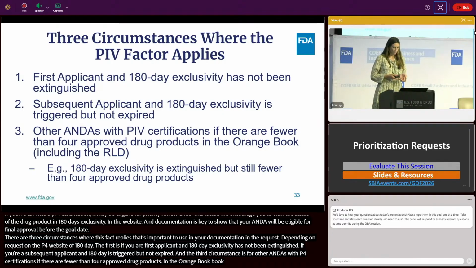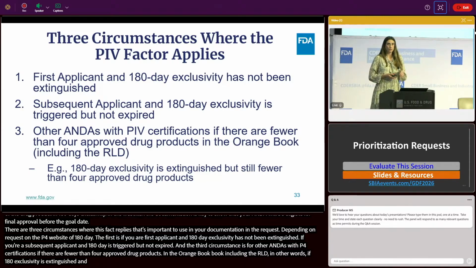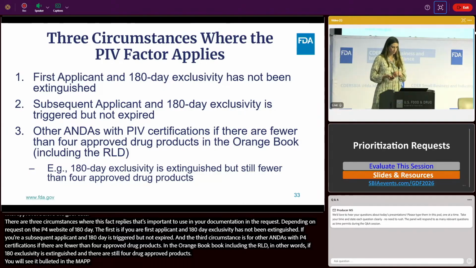In other words, if 180-day exclusivity is extinguished, but there's still fewer than 4 approved drug products. These 3 circumstances you will see bulleted in the MAPP under this prioritization factor and should be noted in your request.